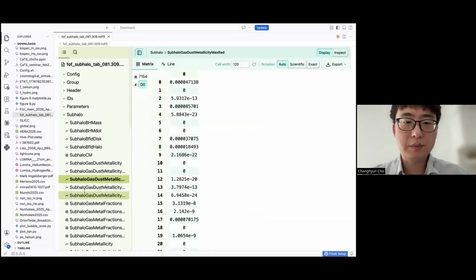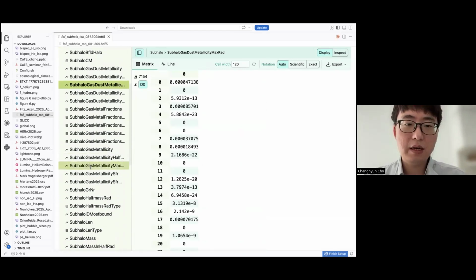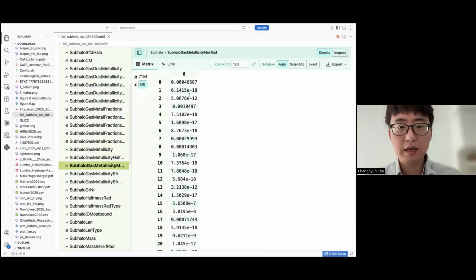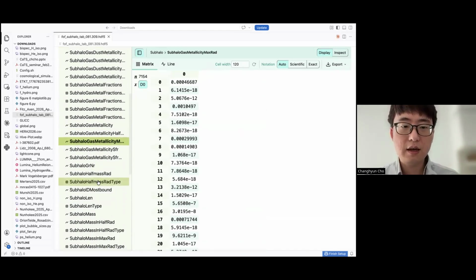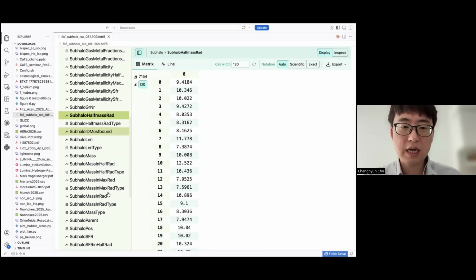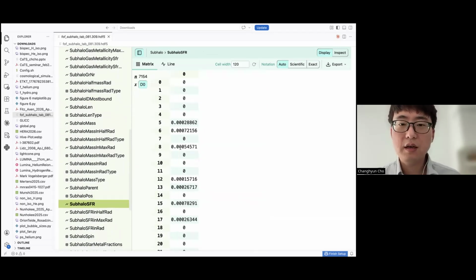Then you see lots of other information, including black hole mass and black hole accretion rate, and the subhalo galaxy metallicity, the half mass radius, which is the size, the position, and the star formation rate. The unit of the star formation rate is solar mass per year.